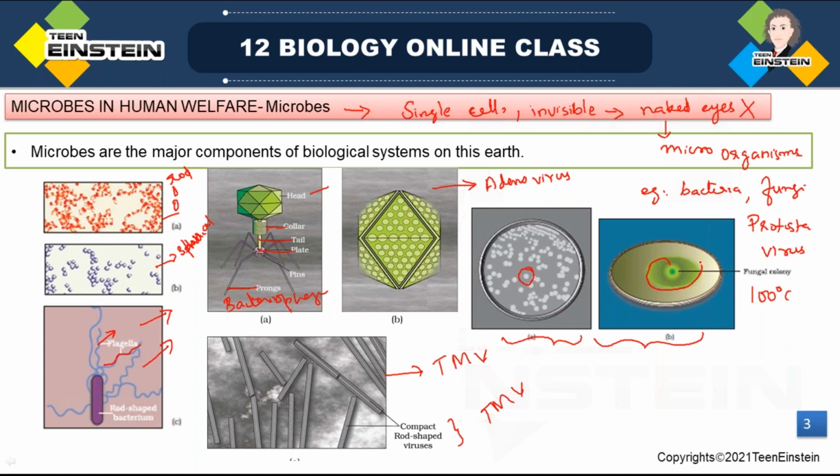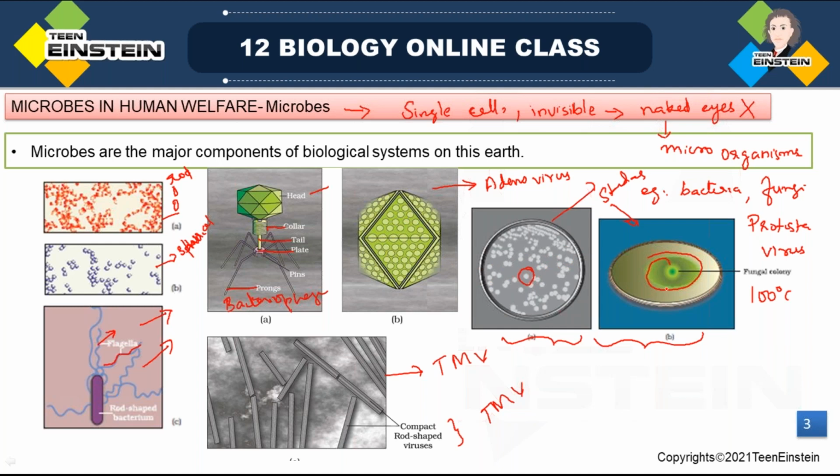Here you can see the fungal colony. For studies we use Petri dishes. In Petri dishes, you pour nutrient media, and in that media these colonies will grow. There are different methods to make these colonies.